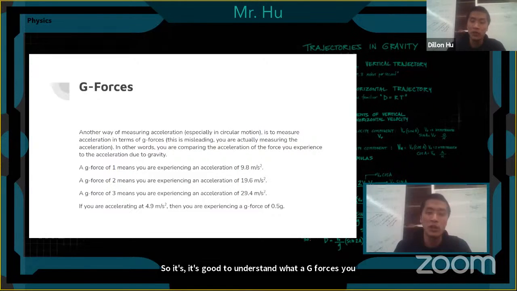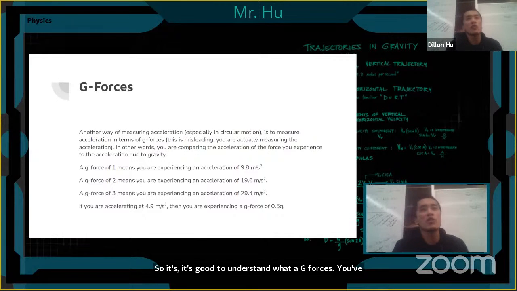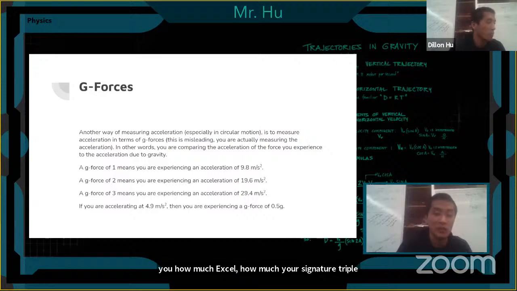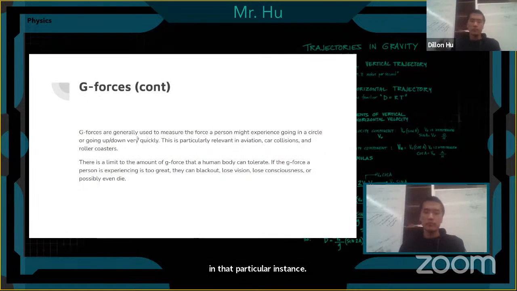You might have read or watched stuff about space or fighter pilots or roller coasters, and they tell you how many g's of force you're experiencing. Well, that's what this is about. It's basically telling you what your centripetal acceleration is in that particular instance.